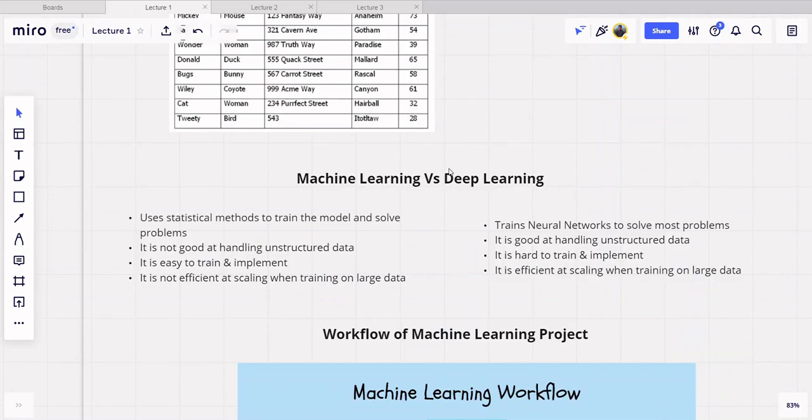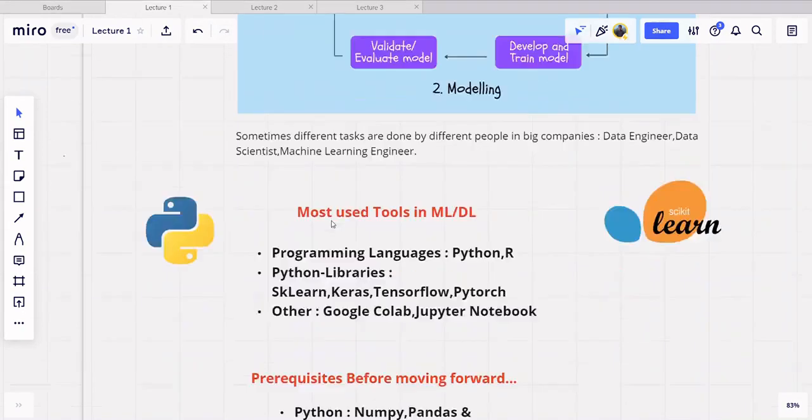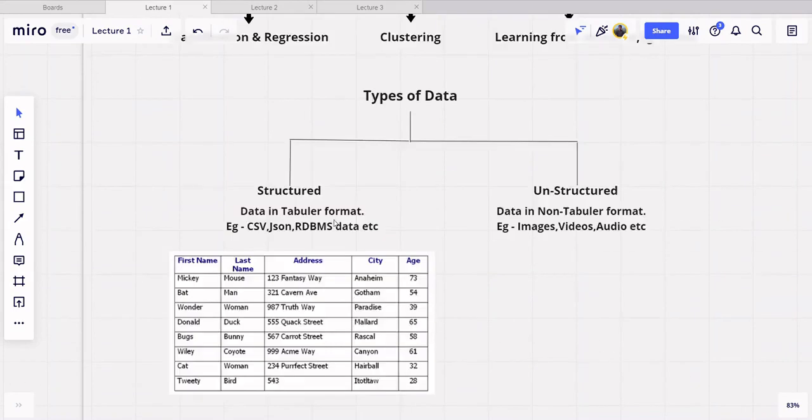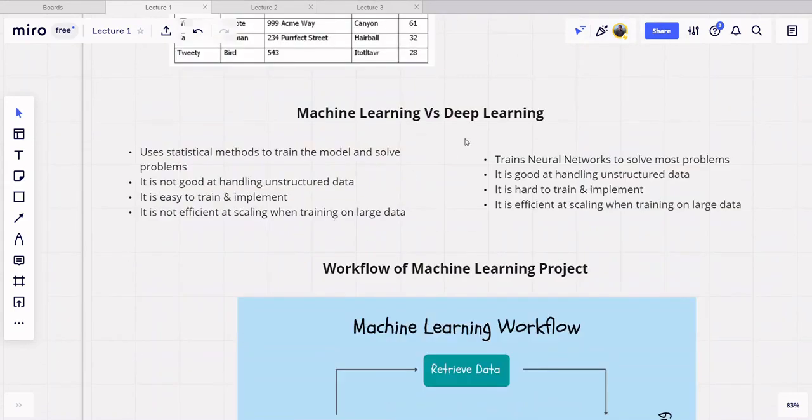So in order to train complex deep learning algorithms, we have tools like Google Colab. Don't worry if you don't have a powerful PC or laptop. We'll be using Google Colab, and it's completely free. We can easily train complex neural networks on it.